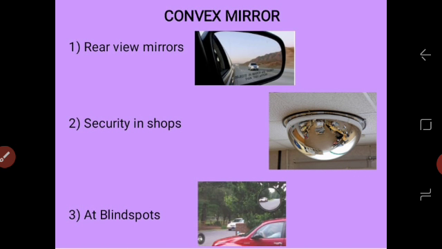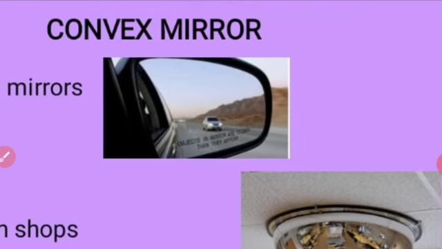And many a times, you must have noticed that a statement is written in the mirror, which is, objects in the mirror are closer than they appear. Now, why is this written? Because it depends on the distance of the object. As we have seen in the previous video, in case of a plane mirror, the image and the object are formed at the same distance.